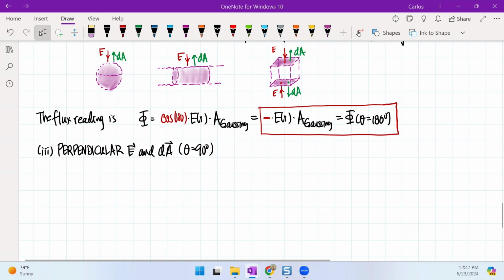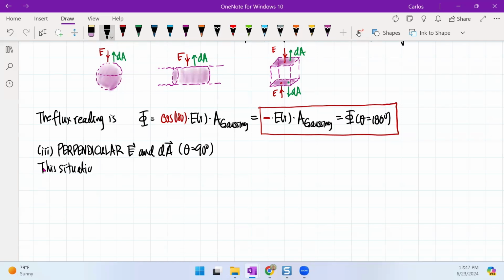So when I'm looking at this thing, it turns out that this is a bit trickier here. This situation can only occur to distributions with sidewalls.